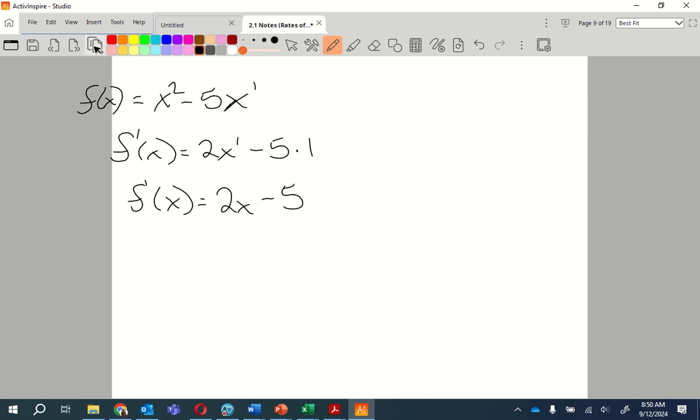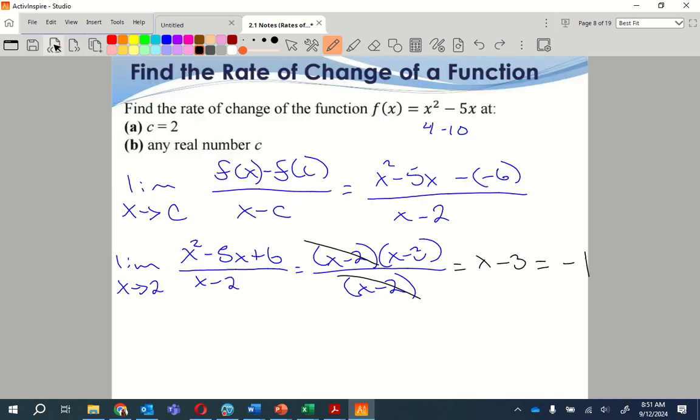Now, we went through and did all that work using the limit, right? We did a bunch of work using the limit to actually try and find the slope at that point. If this says that f prime of x, so any given point, so if I say f prime of, what was it, negative 2 or positive 2? Positive 2.